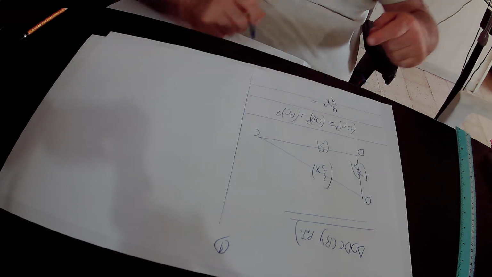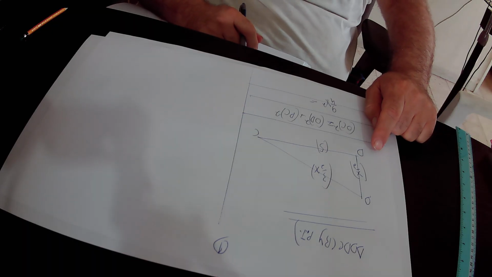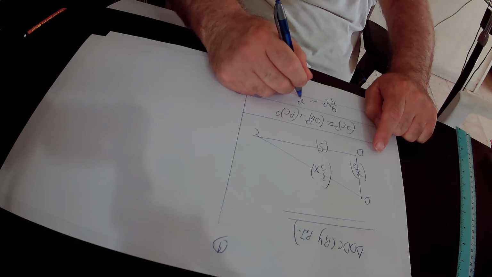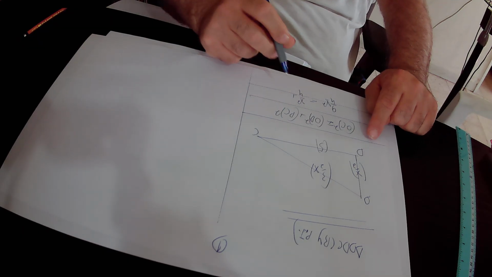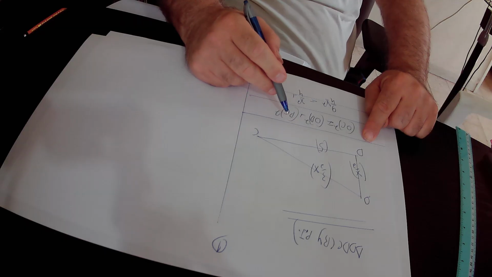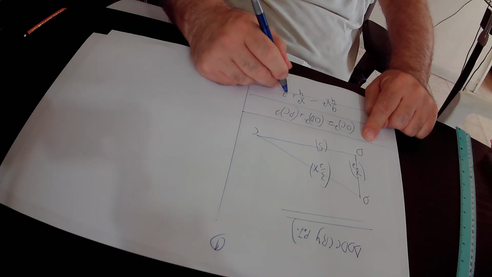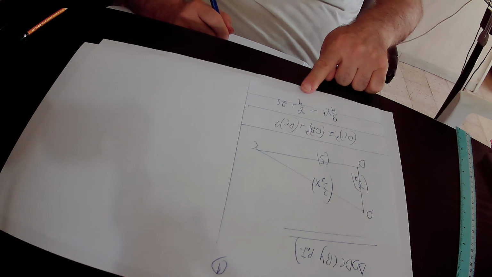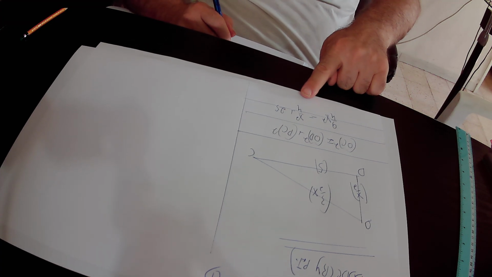And it is equal to OD squared. OD is x over 2, therefore OD squared is x over 2 squared, that is x squared over 4. Plus DC squared. DC is 5, therefore DC squared is 5 squared, that is 25. So in total, we found that 9/4 x squared equals 1/4 x squared plus 25.